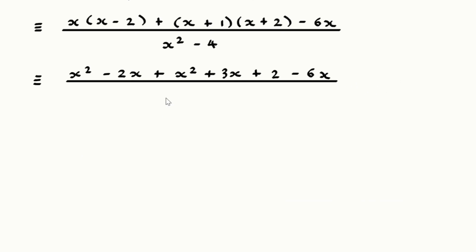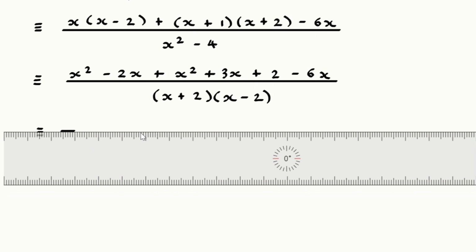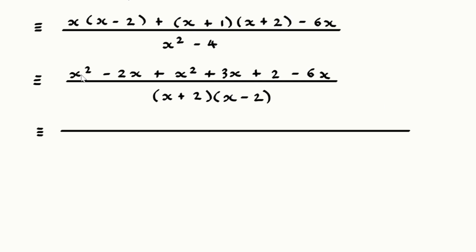And on the bottom I've got the x squared minus 4, which I'm going to rewrite as x plus 2 lots of x minus 2. So if I continue simplifying all this, how many do I have on the top? Well, I've got here a 2x squared minus 5x plus 2, and on the bottom x plus 2 lots of x minus 2.